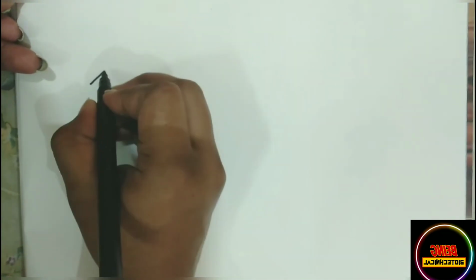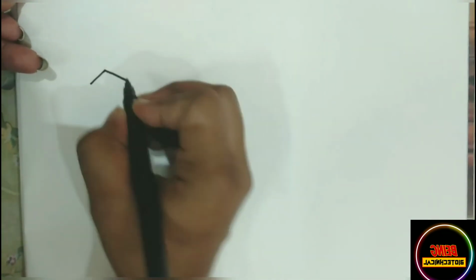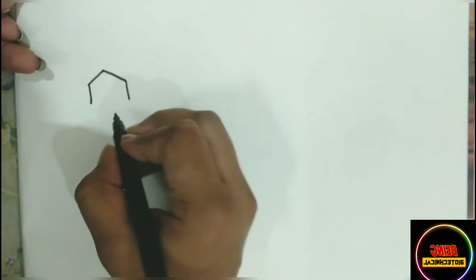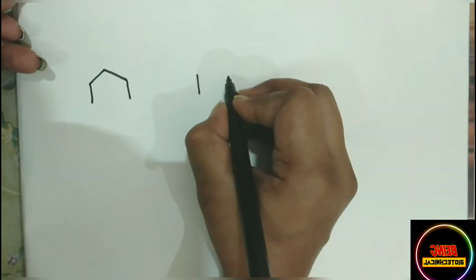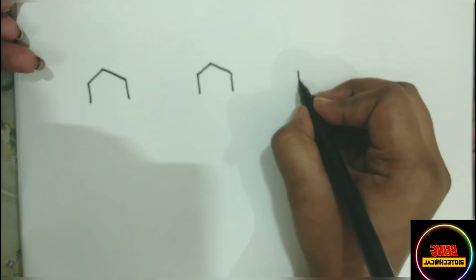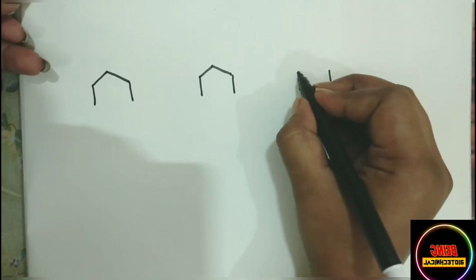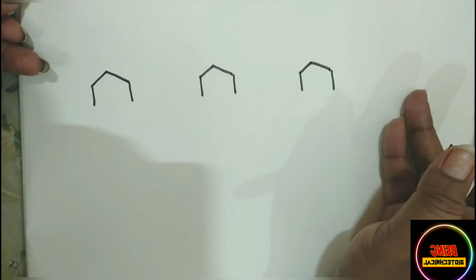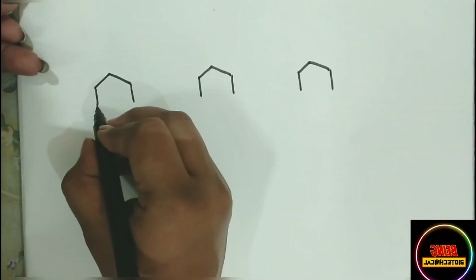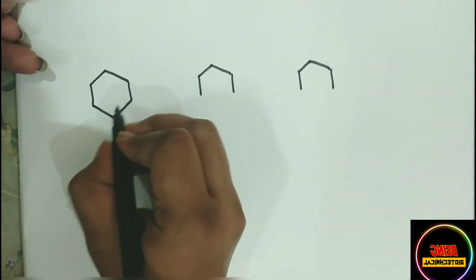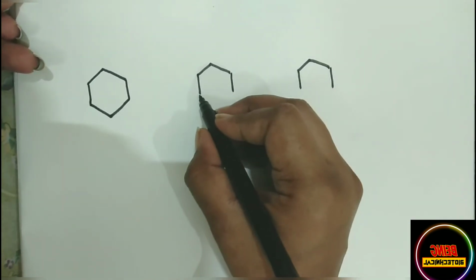Draw three houses like how we used to draw in standard 1, 2, like that. Like this, this and this. So done. Now draw a V-like structure joining the walls of this house like this.